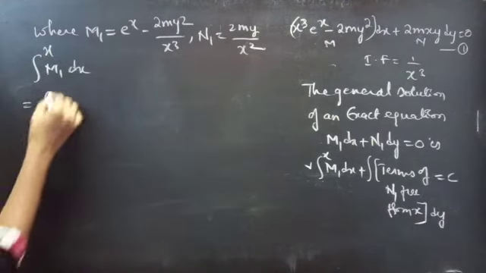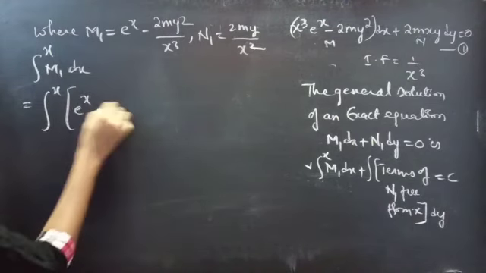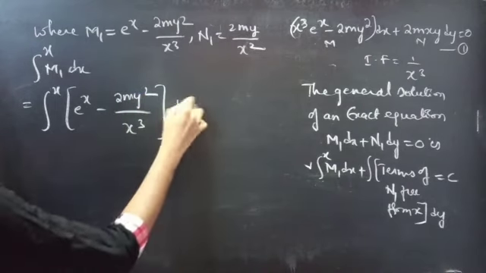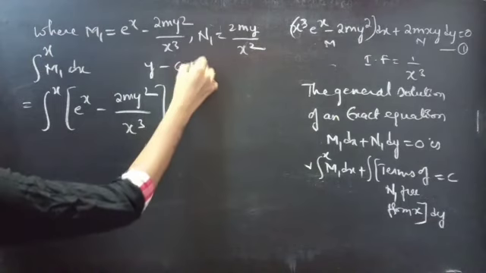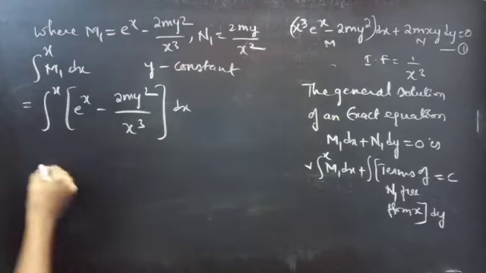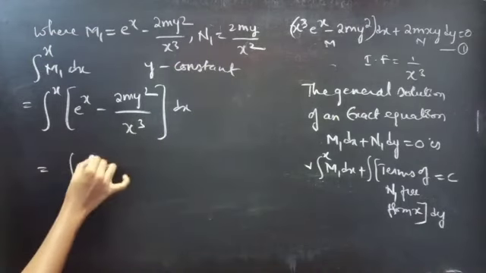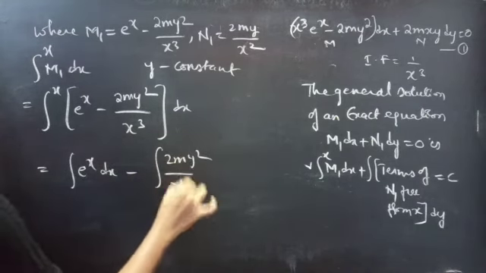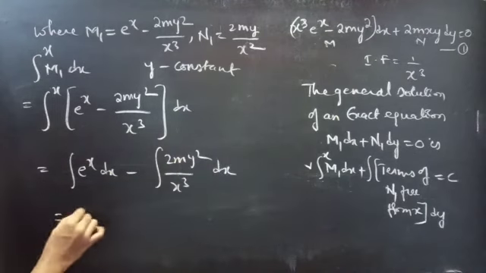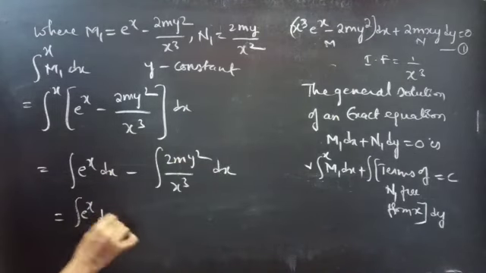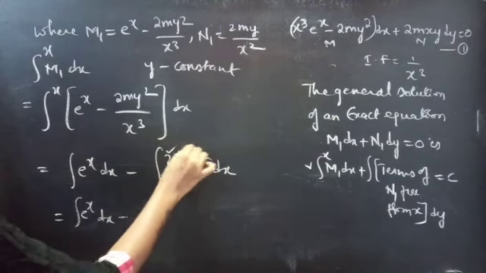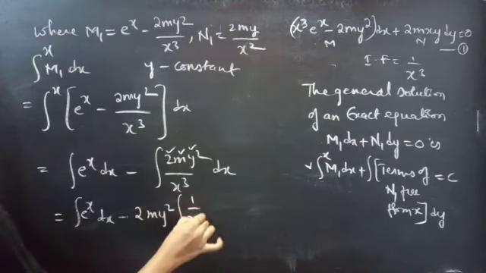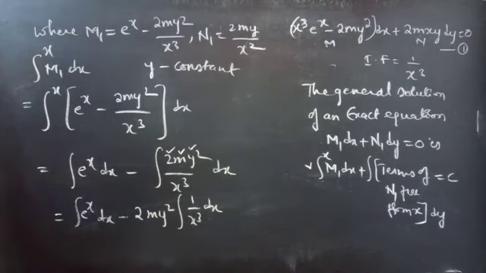This equals the integral over x of e power x minus 2m y square by x cube into dx. Okay, y is treated as constant here. This equals the integral of e power x dx minus the integral of 2m y square by x cube into dx, which equals the integral of e power x dx minus, writing the constants outside the integral, 2m y square into the integral of 1 by x cube into dx.